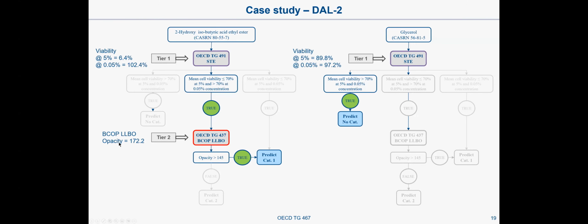And the opacity measured in the LLBO was 172, which means that the chemical is predicted category 1. The second example on the right side is glycerol, which is an in vivo no category. And there we start with the STE test method. You can see that the viability at both concentrations is above 70%. So it means that the chemical is predicted no category.